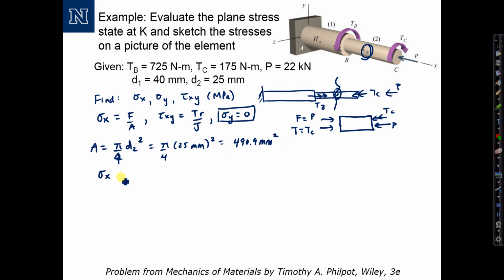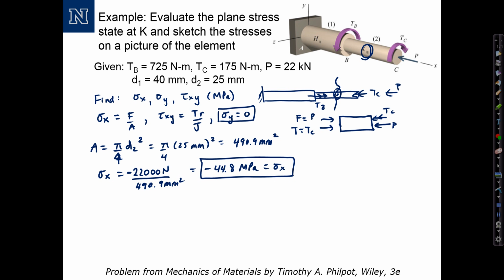Then sigma x is equal to F over A. F is equal to P at 22 kilonewtons, or 22,000 newtons. And we know that this stress is going to be negative because the force is acting inward. It's compressive. Divide by the area, 490.9 millimeters squared. And this stress is negative 44.8 megapascals. And that is sigma x.